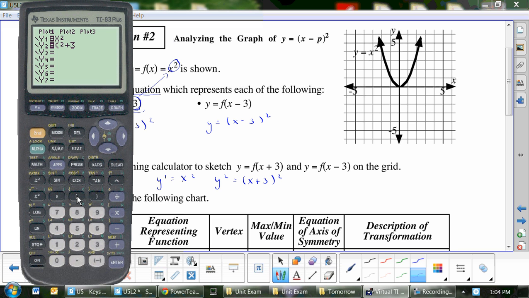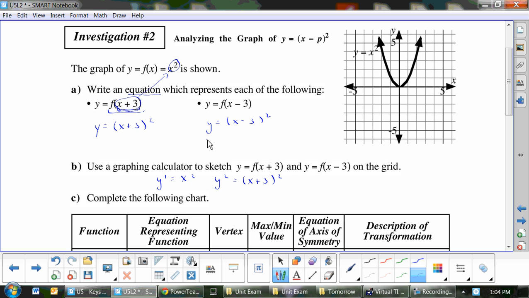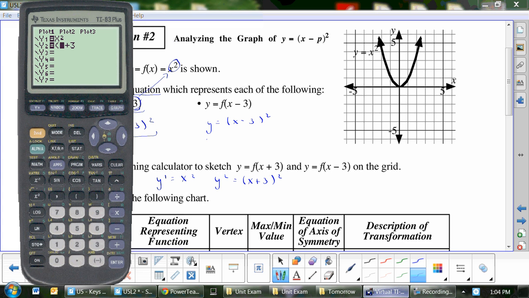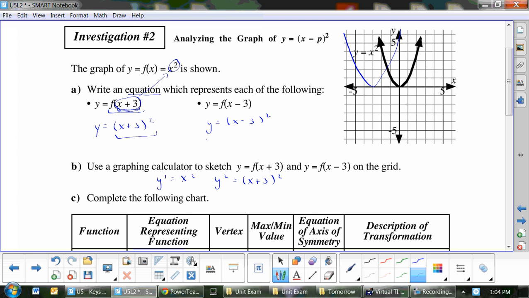It's just like y is equal to x squared, so I make x squared y1, and then I just want this one too, so I make it y2. Okay? Our graph should be moved 3 to the left now.